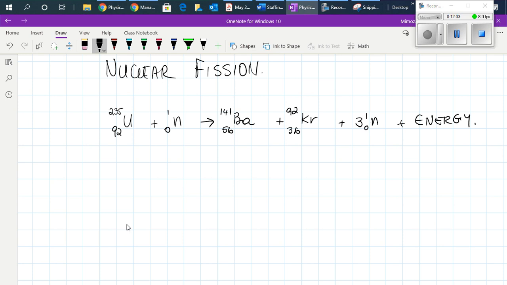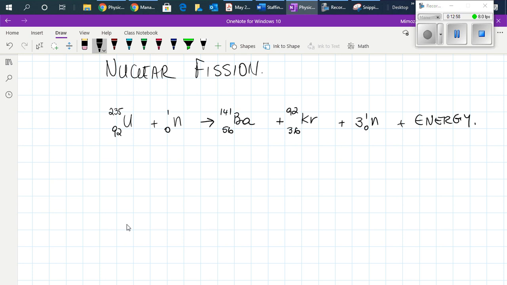At the right energy level, the neutrons enter the nucleus and cause this uncontrollable splitting of the nucleus.